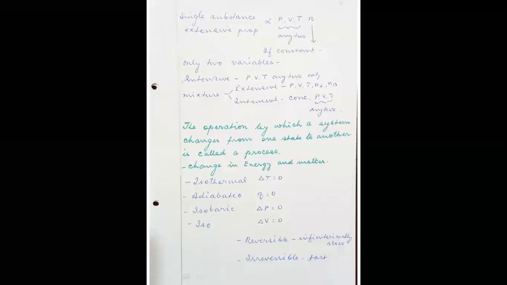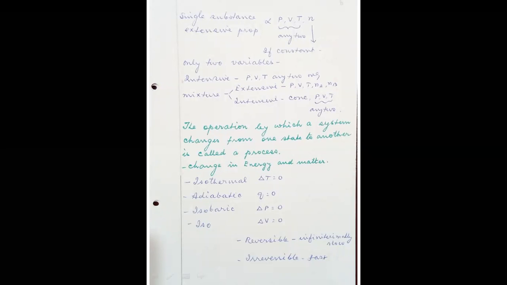So P, V, T are the three variables to be considered, and even among them, one of the three variables is interdependent. Therefore, it is sufficient to mention only two variables, say pressure and temperature. For intensive property, pressure, volume, temperature, any two of them have to be mentioned.